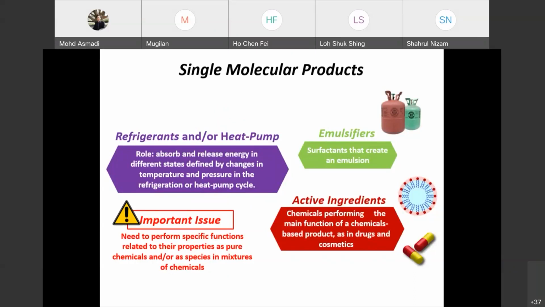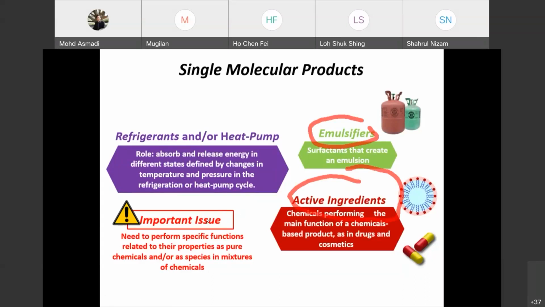Because it is a single molecular product, it is 99% or 97% pure. Other examples of single products are emulsifiers and active ingredients for drugs and cosmetics.